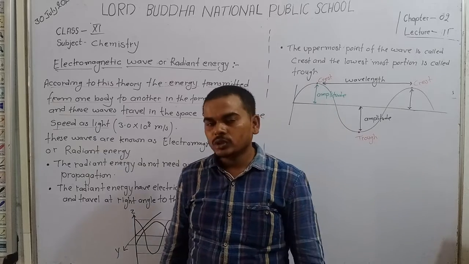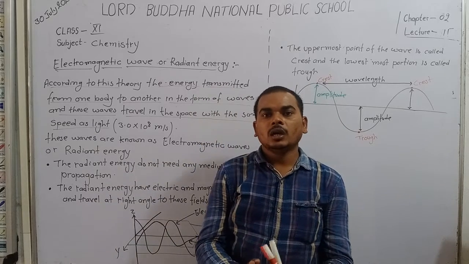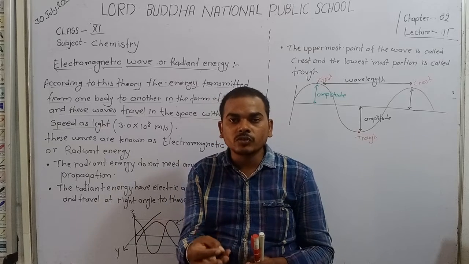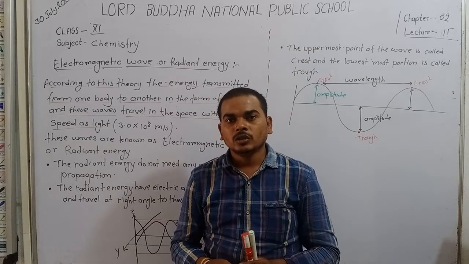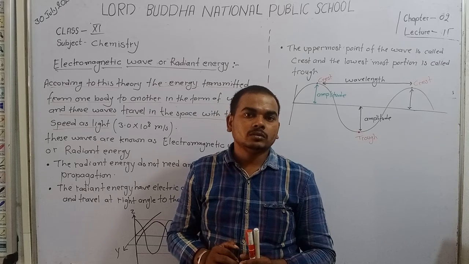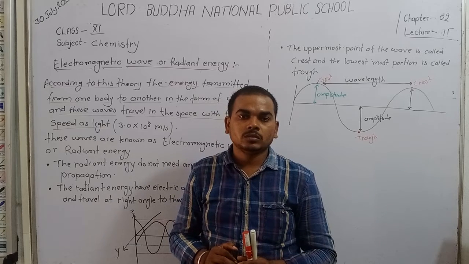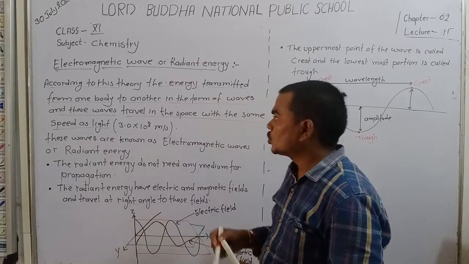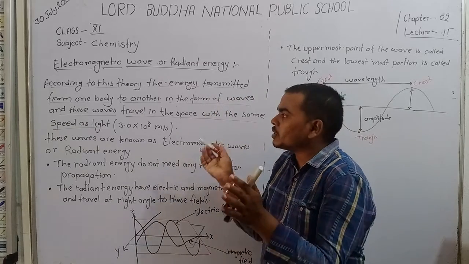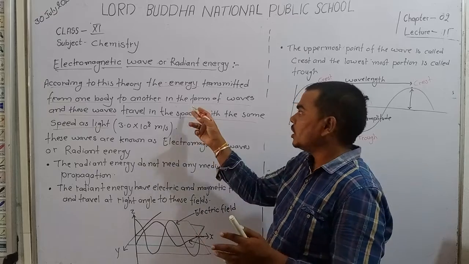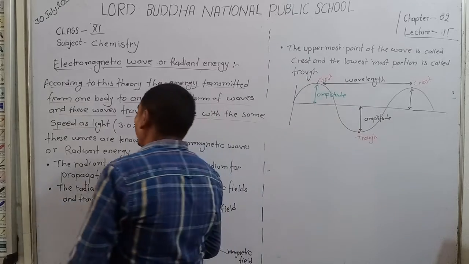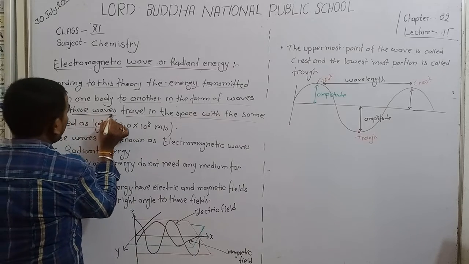When you sit near a fire, the heat energy from the fire comes into your body through waves. So according to this theory, energy is transmitted from one body to another in the form of waves. Dear students, these waves are very important.